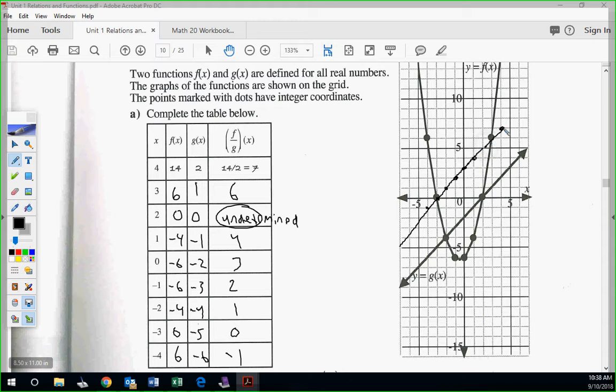Put a spot there. This right here, we put an open dot to represent that. That open dot represents that there's no value there. It's like a hole in the graph. There's a hole in the graph there because we cannot divide by 0, which in that case for g is the 0. You can see that, can't you? Because right here, the x-intercept of the line that we're dividing by is 2. See right above it?